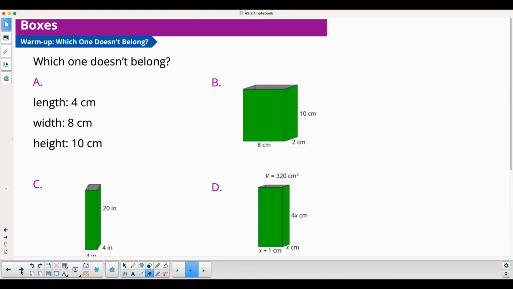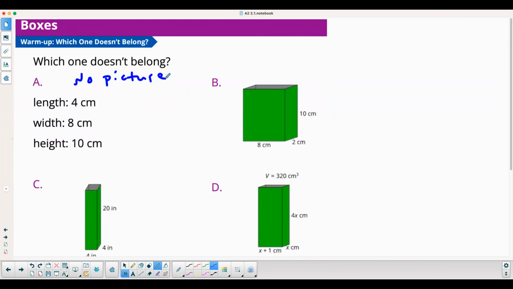All right, so let's start with our warm-up. Which one doesn't belong? So I'm trying to come up with a reason for all of them. A would be obvious because A does not have a picture. So if you pick A, we'd say that's because there's no picture. If you check the volume on all of them, it's length times width times height.